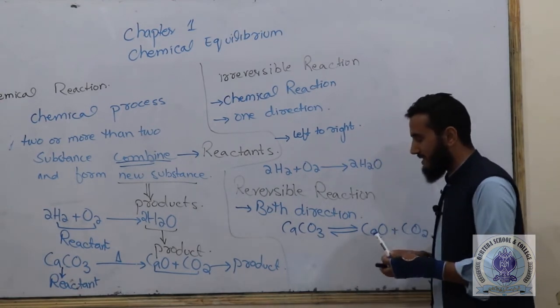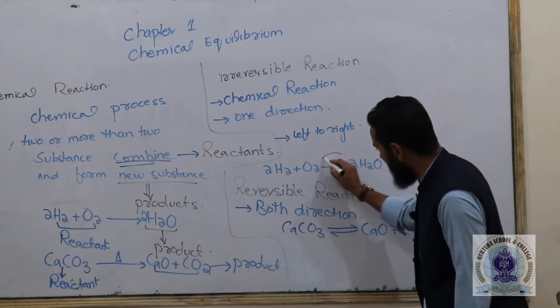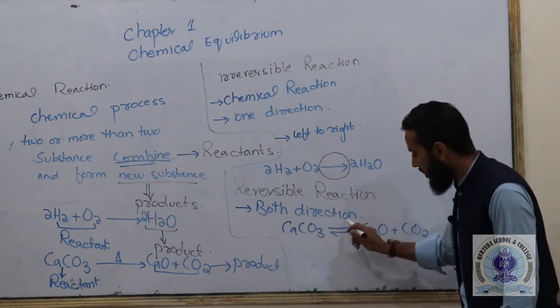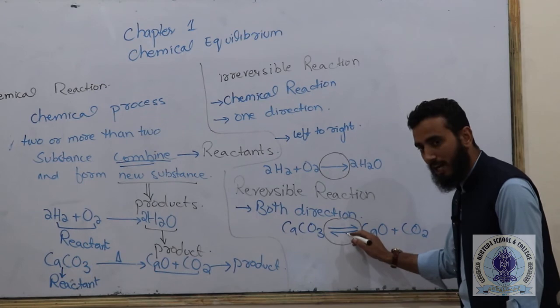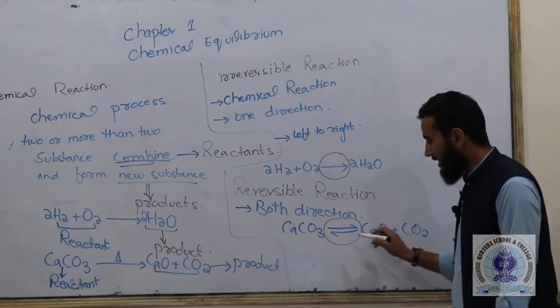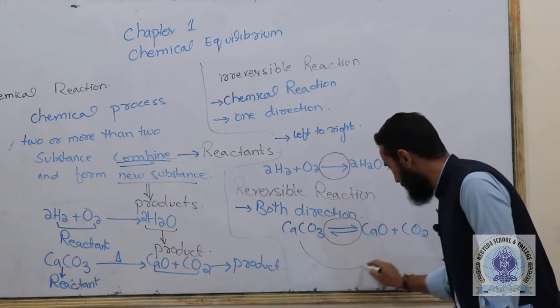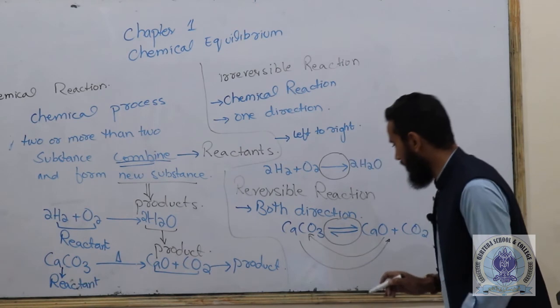Remember students, it is very obvious from the board that we have represented irreversible reaction with a single arrow, and reversible reaction with a double-headed arrow. It shows that the reaction will proceed in both directions, from left to right as well as from right to left.